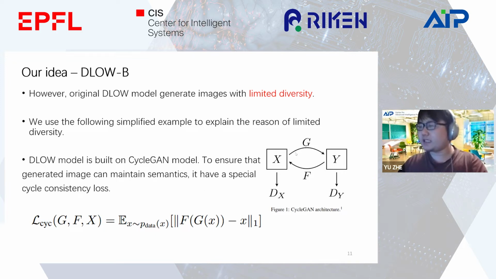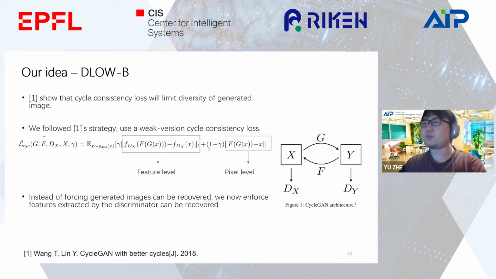If we can achieve this, it means we already maintain the semantics. However, paper one shows that the cycle consistent loss will limit the diversity of the generated images. Since the DLO model is built on the cycle-GAN model, this is also the reason that limits the diversity of the DLO models.